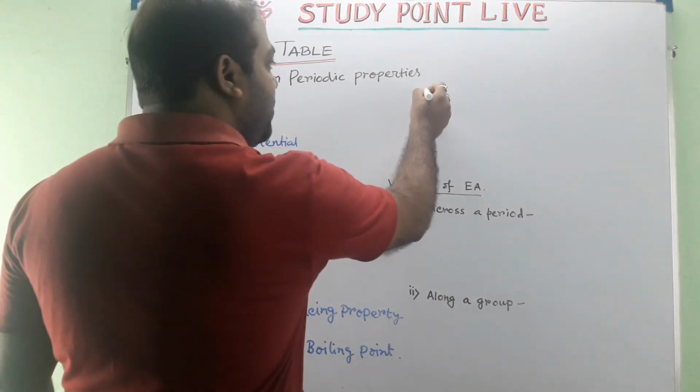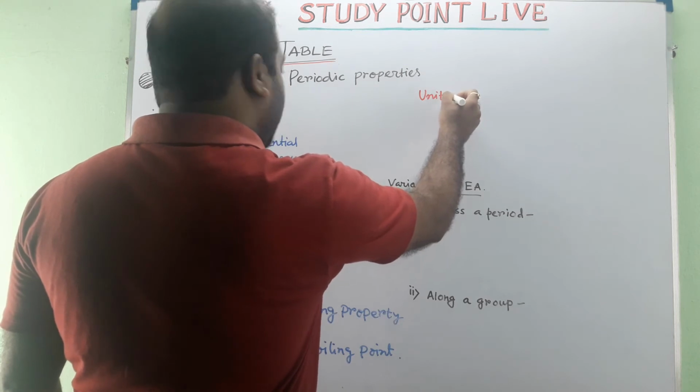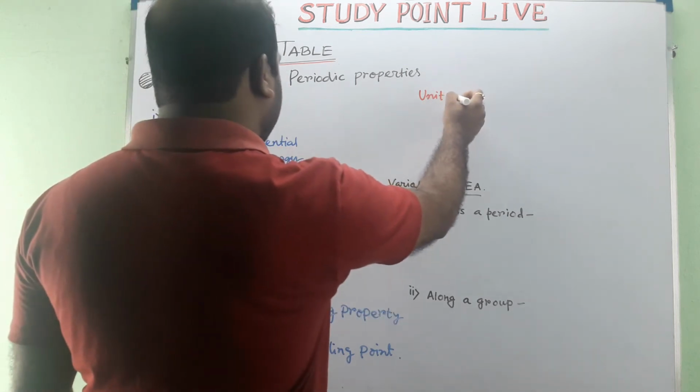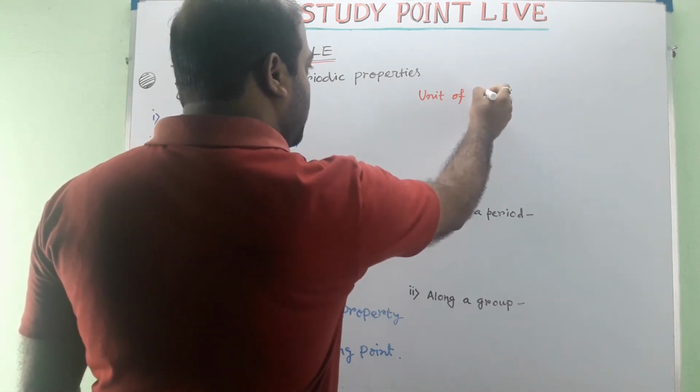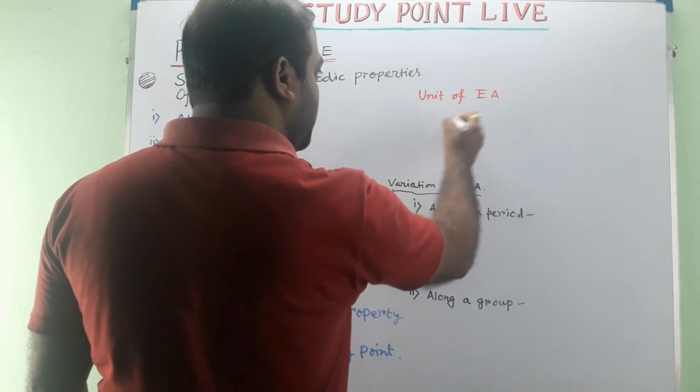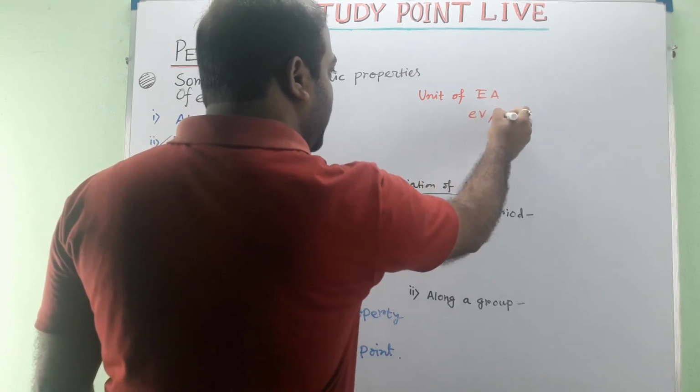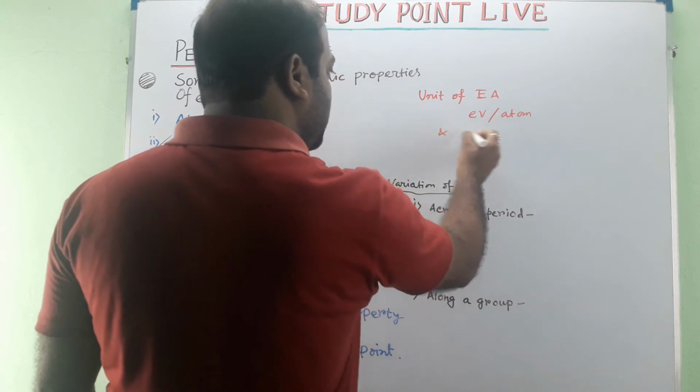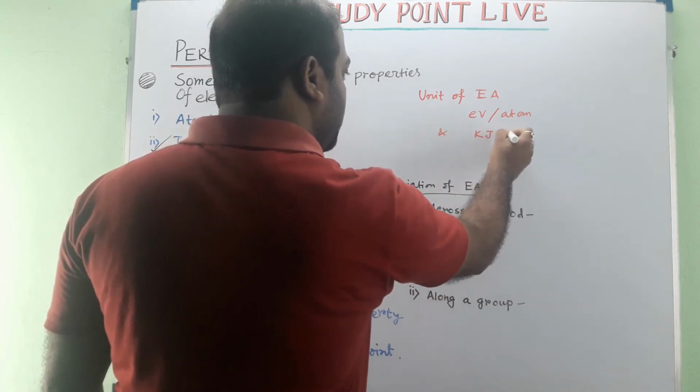The unit of electron affinity is the same as the unit of ionization potential, that is electron volt per atom and kilojoule per mole.